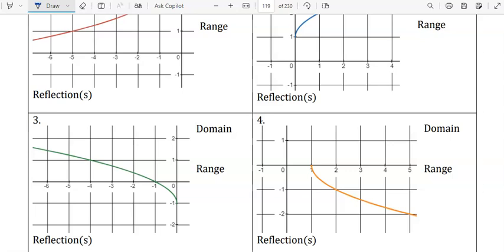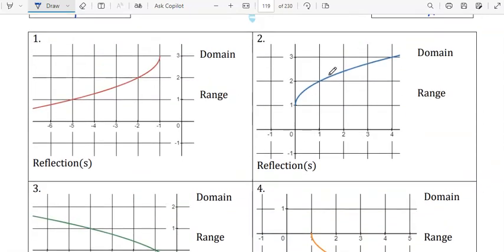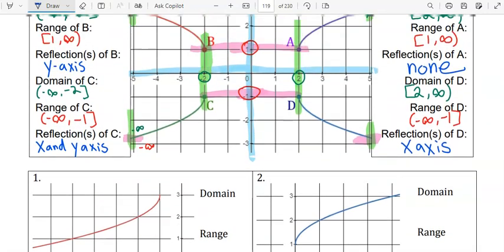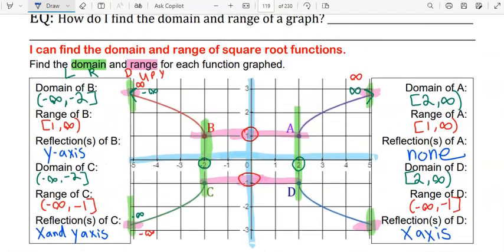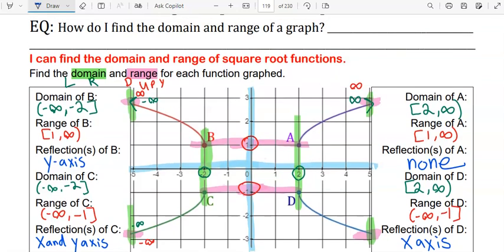And when we're talking about reflections, it's again from the first quadrant. Be sure to answer the essential question.